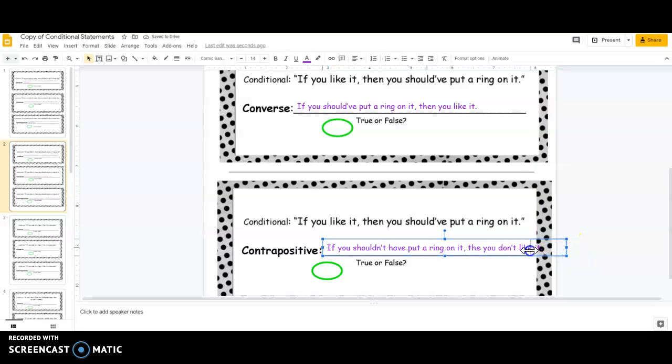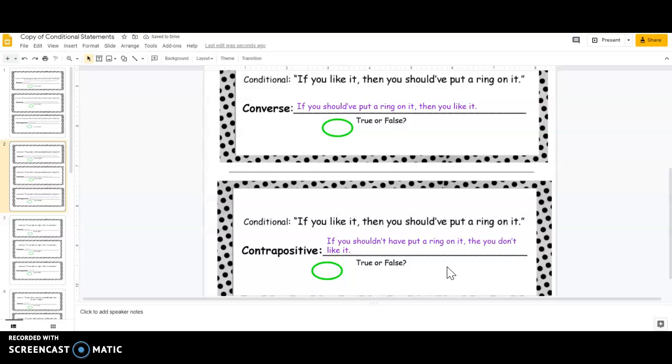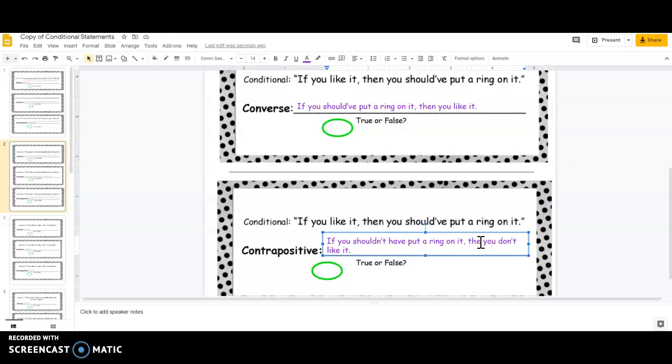So I am negating it and switching the hypothesis and conclusion. So if you shouldn't have put a ring on it, then you don't like it.